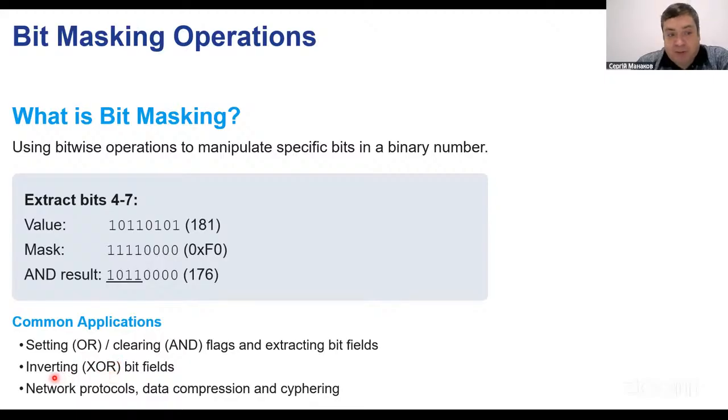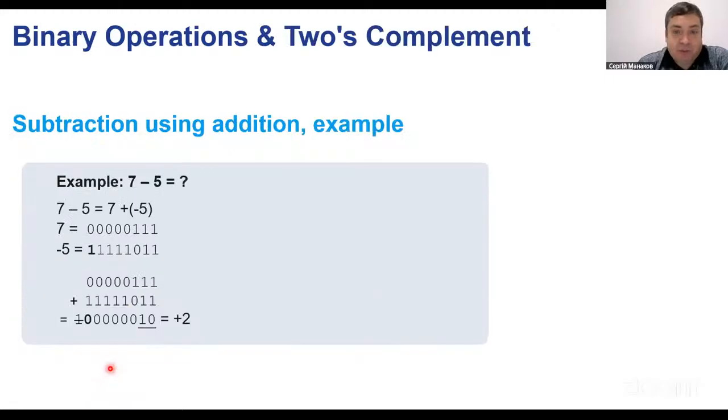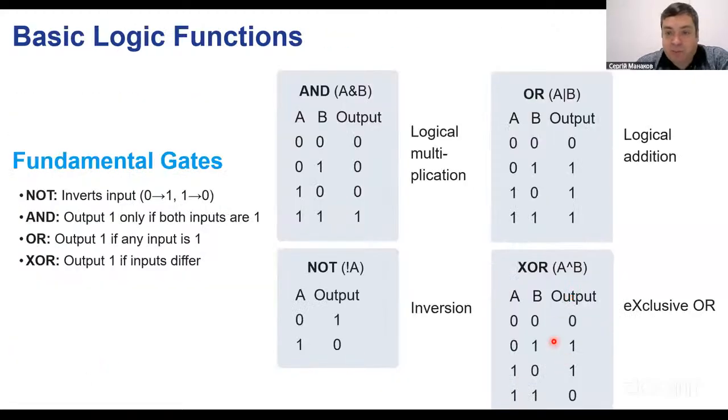And at last, for the task of inverting the specified bits, we can use the XOR operation, the exclusive OR. Because if we look at the truth table, just imagine that the first operand, these 4 bits, is our initial value. The second operand, B, also 4 bits, is a mask, and the output is the result.